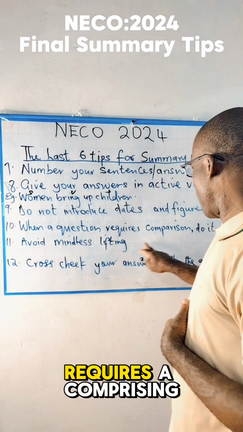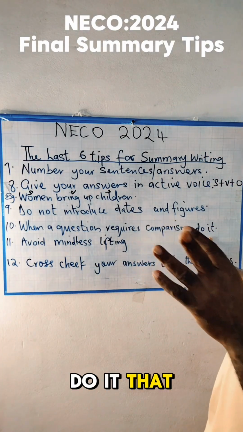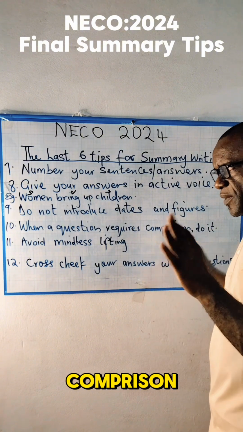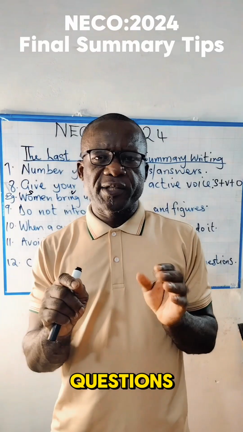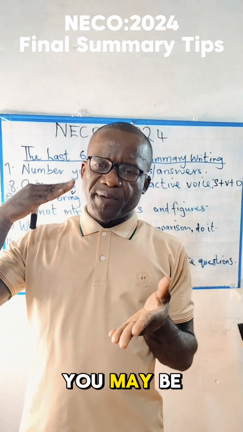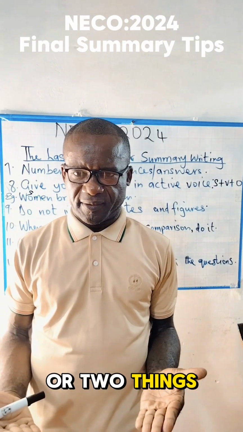Then the next tip is that when a question requires a comparison, do the comparison. I want to take time to explain here. In some questions, you may be required to compare 2 situations or 2 things.